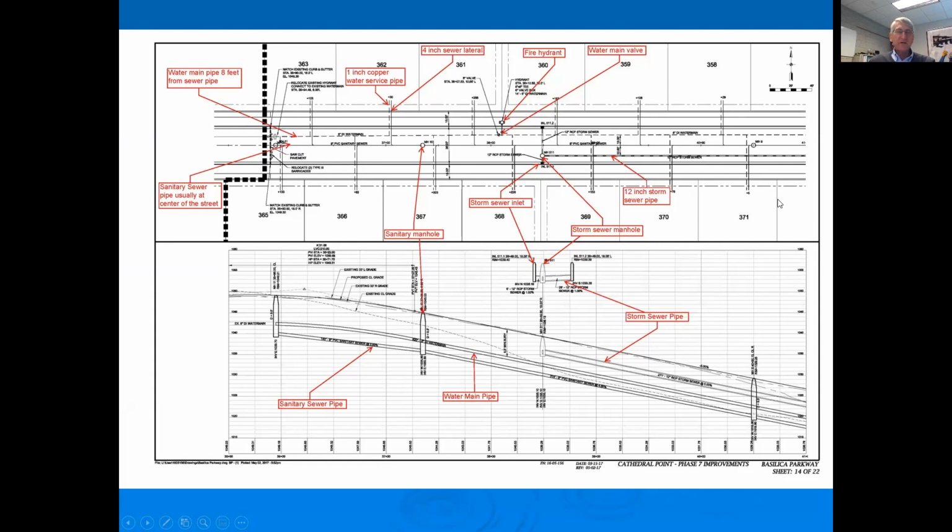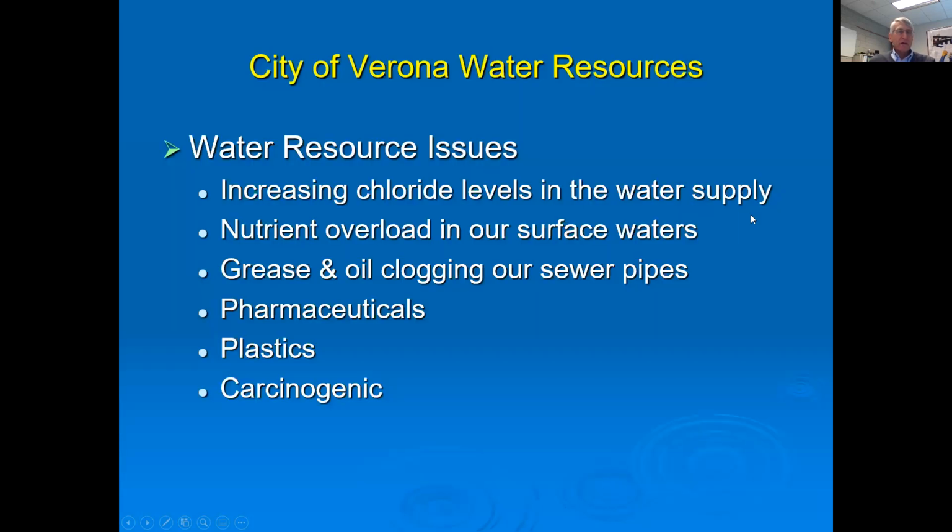So that's very typical of what we might see in our street construction. Ongoing water resource issues. We seem to be having problems with chloride levels, particularly increasing in the wastewater load.